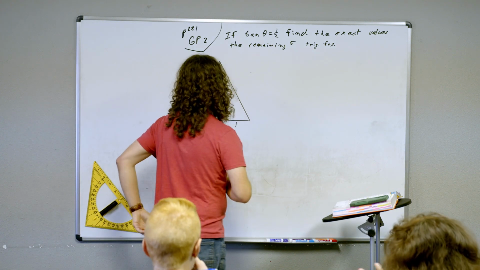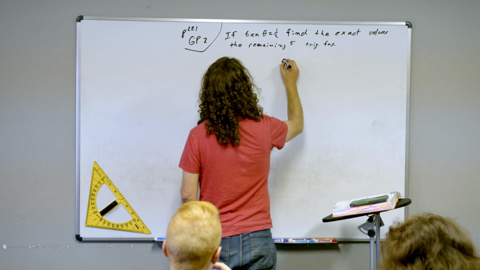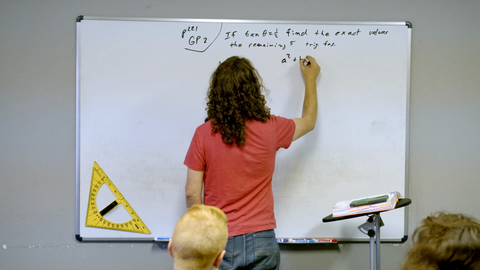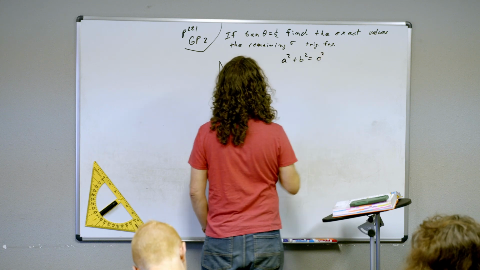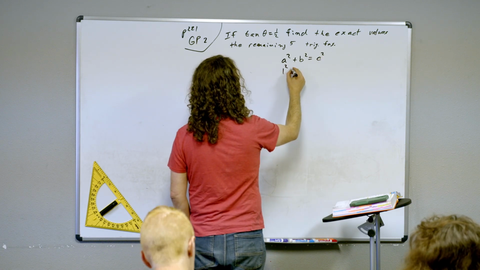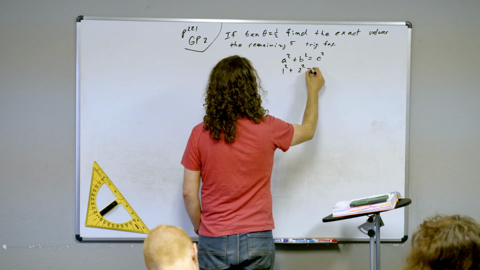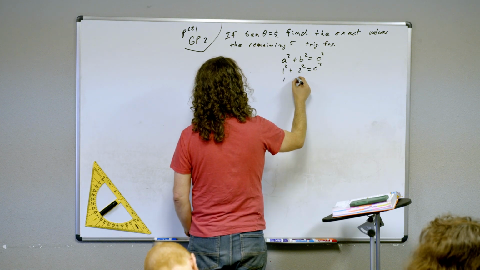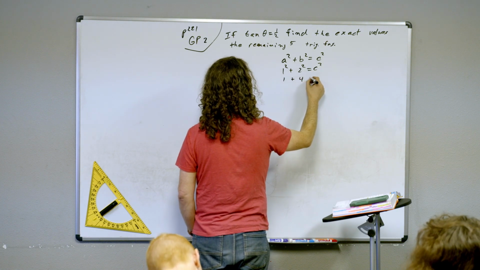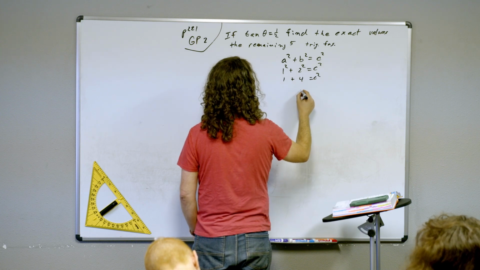So 1 squared plus 2 squared equals c squared. 1 plus 4 equals c squared.